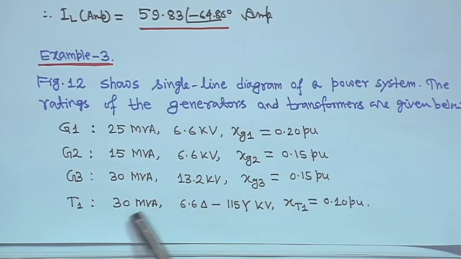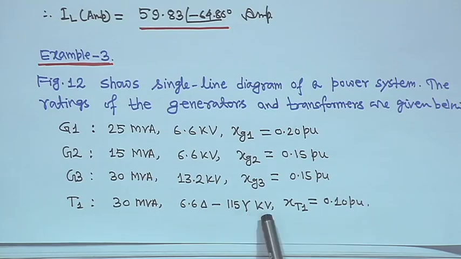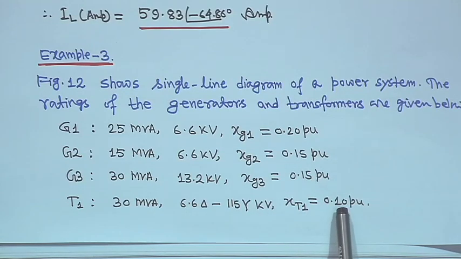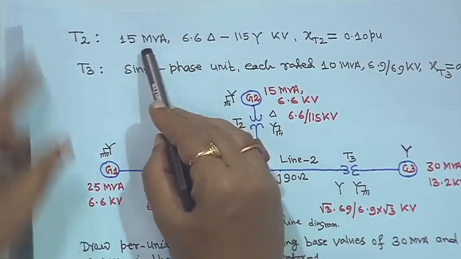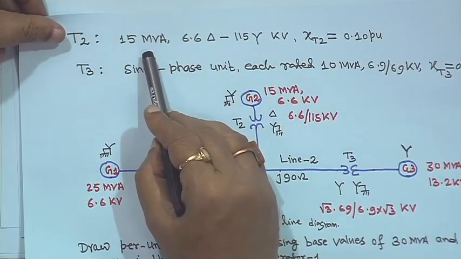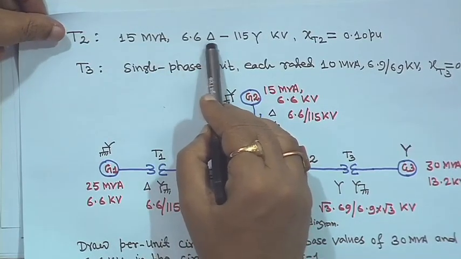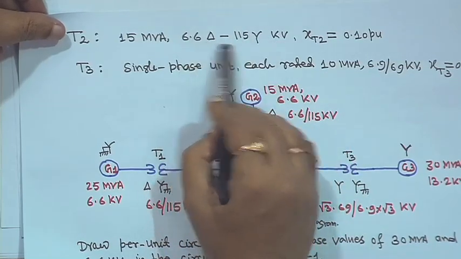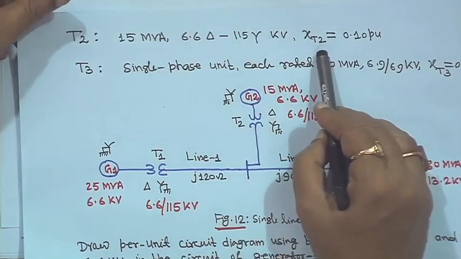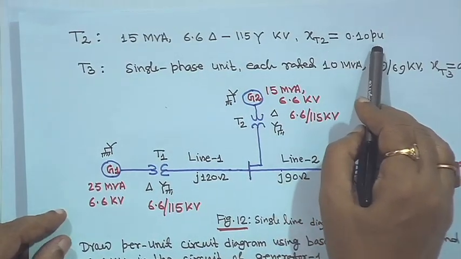Transformer T1 is 30 MVA, 6.6 kV delta side and 115 kV star side, and transformer reactance is 0.10 per unit. Similarly, transformer T2 is 15 MVA, 6.6 kV delta side and 115 kV star side, and reactance of transformer T2 is 0.10 per unit.